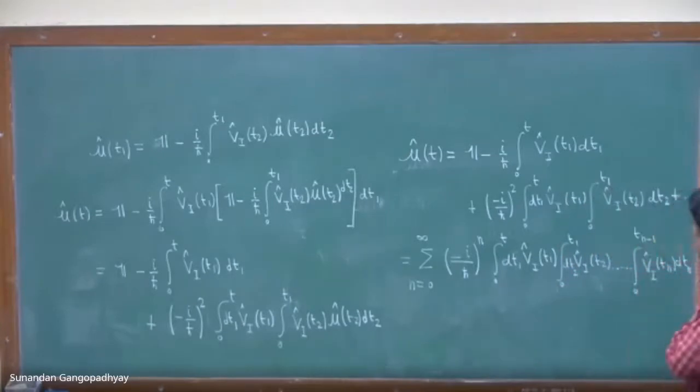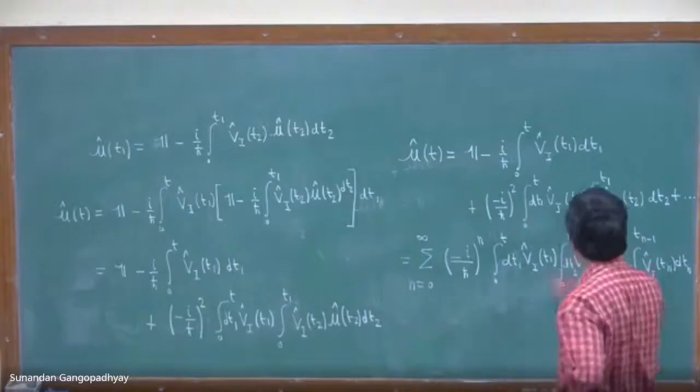I am saying that the summation that you wrote in the compact form will work if I write minus i by h bar to the power n, then integral 0 to t dt1 V_I(t1) whole bracket to the power n. But this form doesn't mean the summation. No, it actually gives you this term.